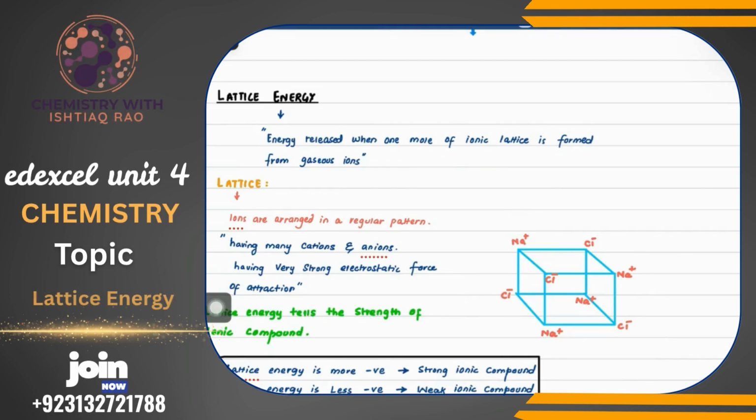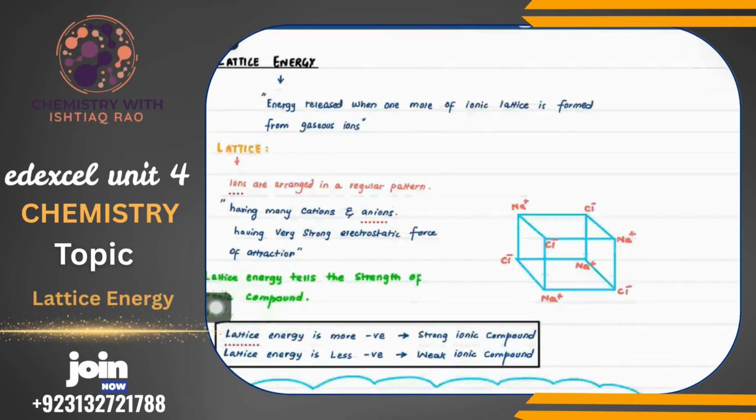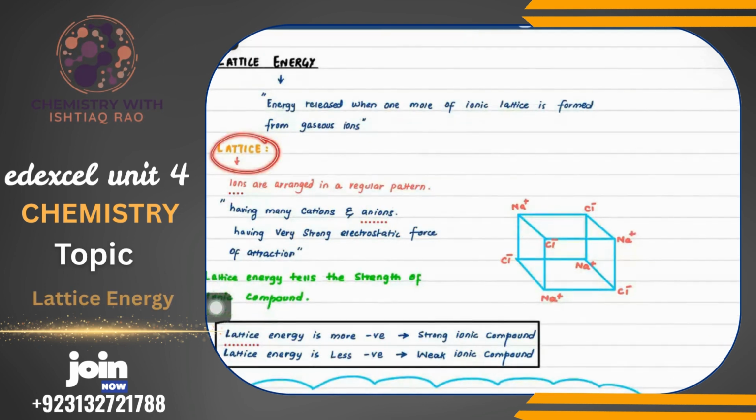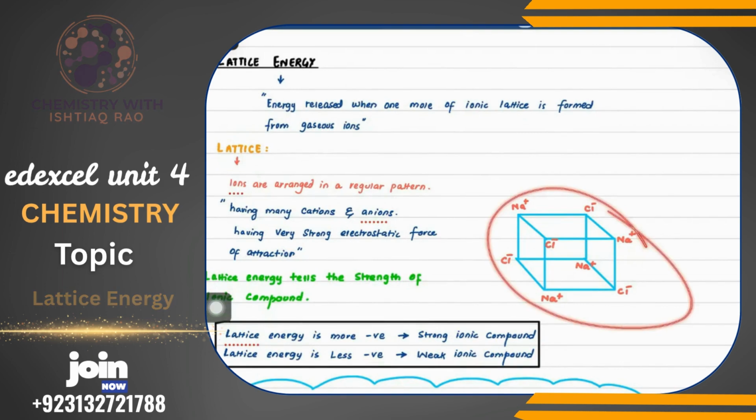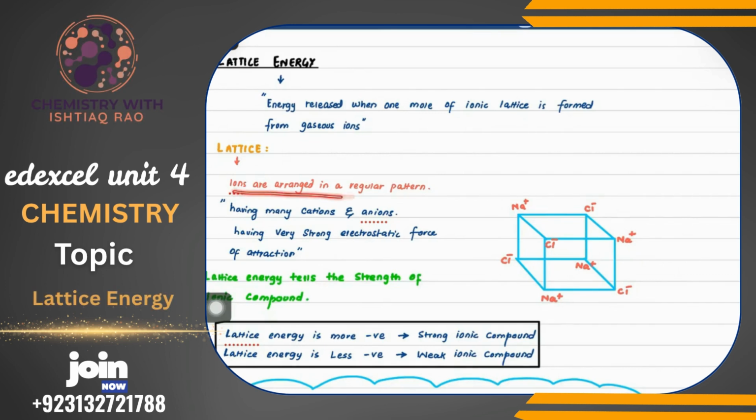Okay. Then what is lattice structure? Like you can see, this is the lattice structure. So we can define this lattice structure as ions arranged in a regular pattern. When the ions are arranged in a regular pattern, this is known as a lattice structure. Okay.